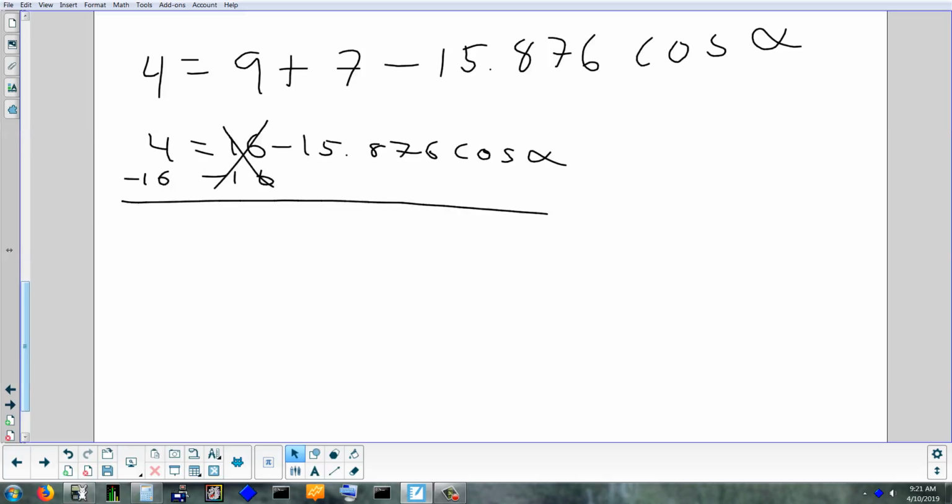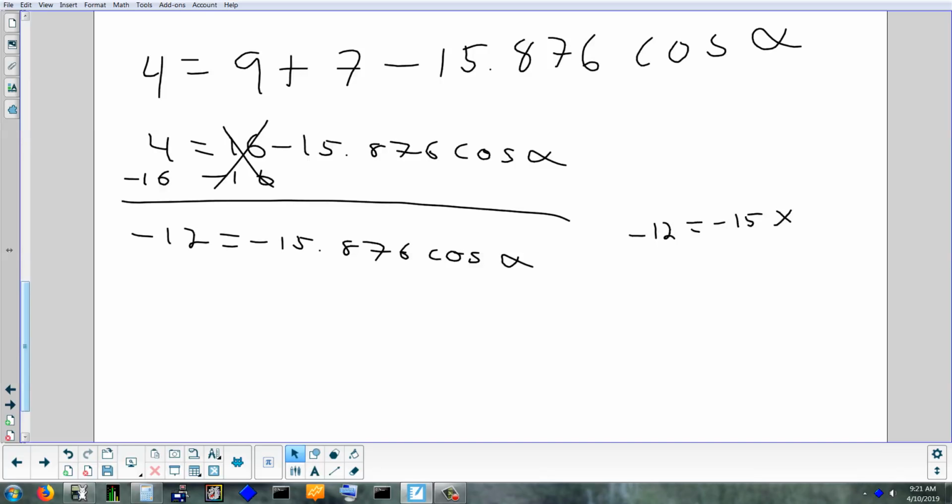That's gone. 4 minus 16 will give me negative 12. And now what you have is something like this: negative 12 equals negative 15 times something you don't know. So what would be your next step?